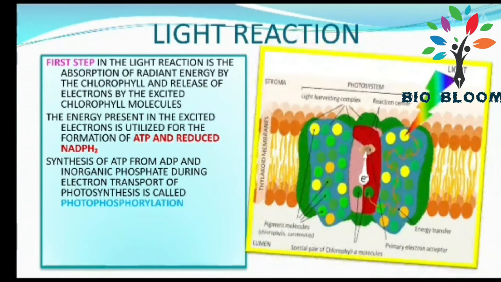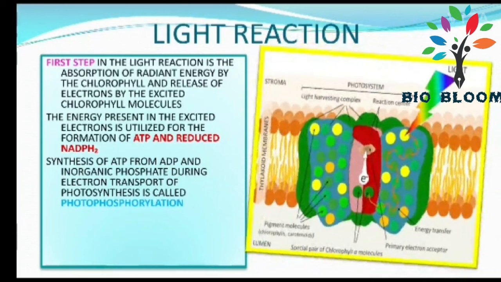Here you see this is the internal structure of the thylakoid. Here in this picture a photosystem is given. What is this photosystem? Photosystem is nothing but a group of pigments, and these pigments are helpful for the trapping of light energy. And here also in the picture you can observe the light harvesting complex and reaction center.